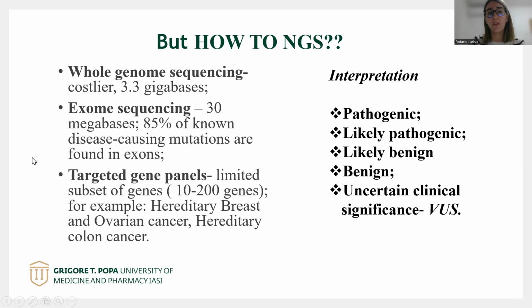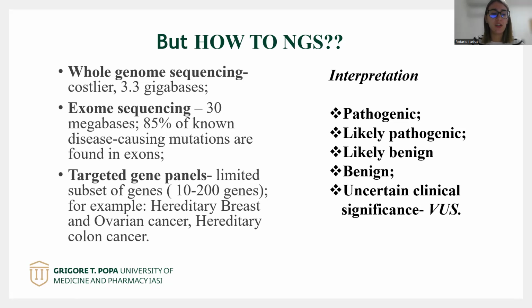We can use it for whole genome sequencing, which is costlier, and we can detect deletions and duplications. We can use it for exome sequencing. It is a reasonable approach for some clinical situations because over 85% of known disease-causing mutations are found in exomes.